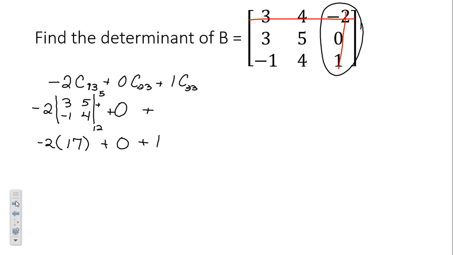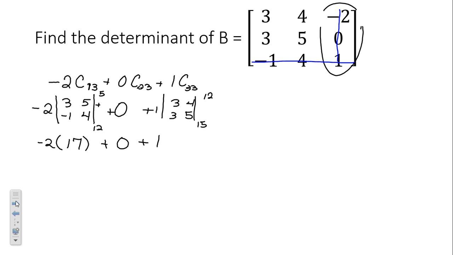So this time when we're finding row 3, column 3, we're eliminating this one and this one. And we get 3, 4, 3, 5, right? So on this downward diagonal, we get 15. Upward diagonal, we get 12.